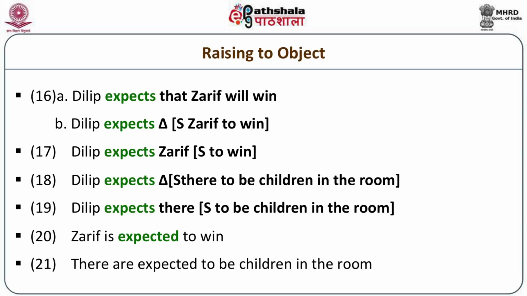In the deep structure, Dilip expects delta Zarif to win. The result of applying raising to object is to raise the downstairs subject to the upstairs object position, yielding the structure 17, where Dilip expects Zarif is outside the brackets of the downstairs sentence, and only to win appears within those brackets.